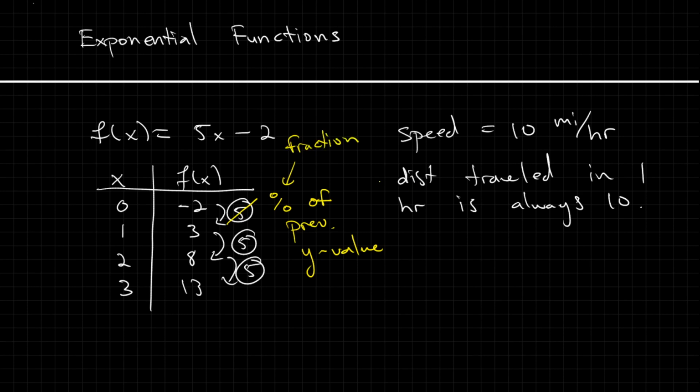To make things a little clearer, let's talk about a very simple example. Let's suppose that someone gets sick with a new virus. So on day 0, we have 1 person sick. Let's go ahead and call f of x the number of sick people on day x.